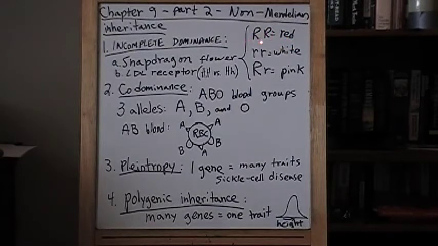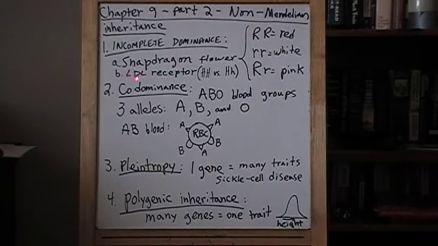The red are homozygous big R and the white is homozygous little r. And in the heterozygous big R, little r, that combination is pink. So it's a blending of the red and the white. So you get that intermediate phenotype in the heterozygous condition.